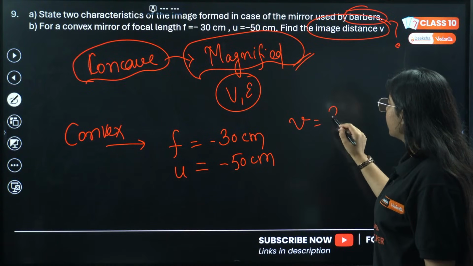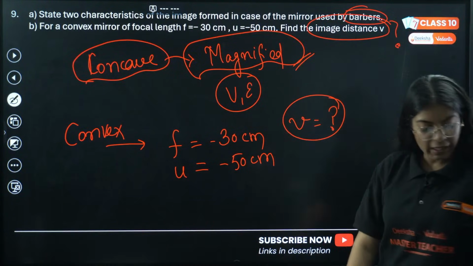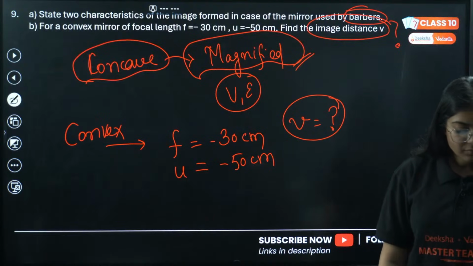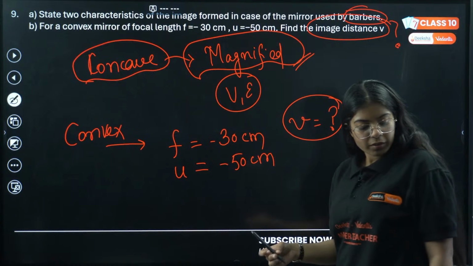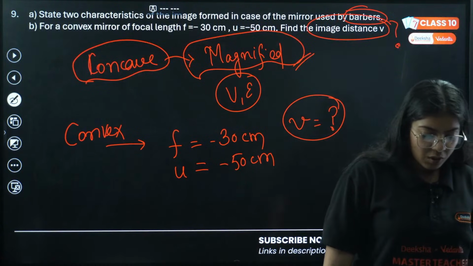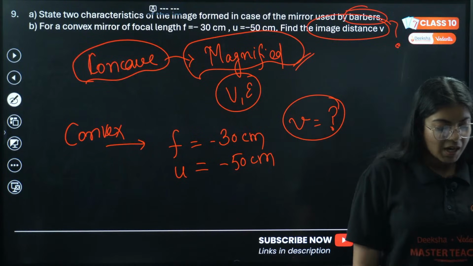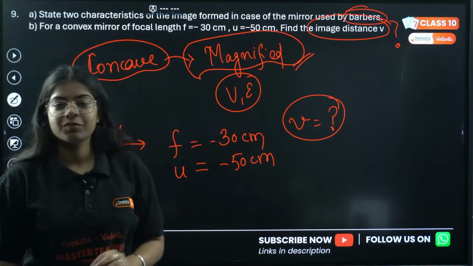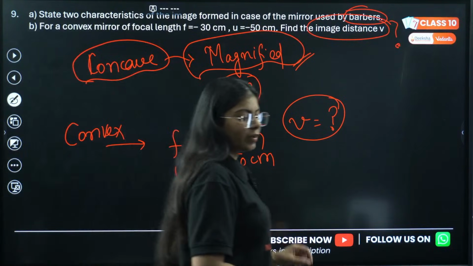What will be the v in this case? Can anyone let me know? Can anyone tell me the answer? Okay, thank you, Lakshit Sharma. Let me know the answer first. Then only it will prove that I explained you very well.